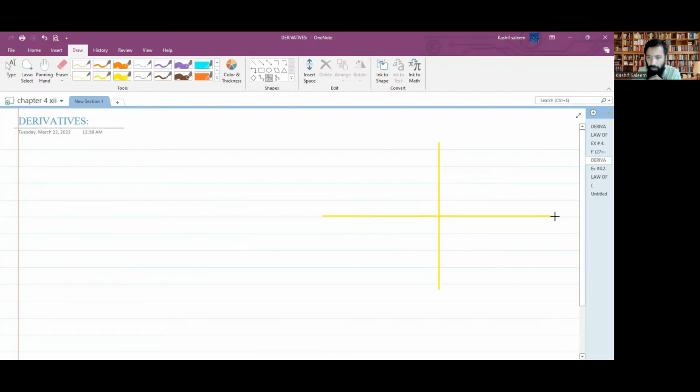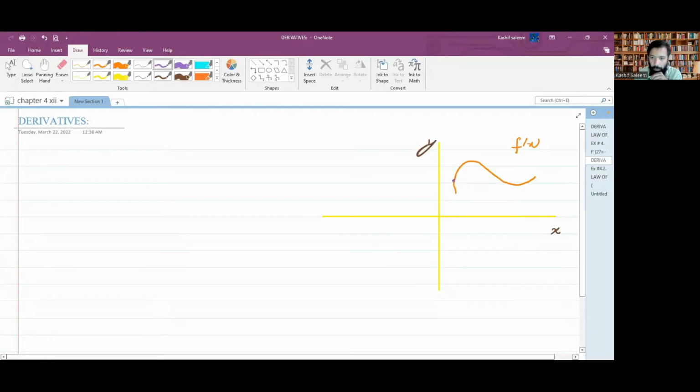First, we will consider the graph of any function. Let's suppose this is our x-axis and this is our y-axis. Now we draw a curve of f of x. So this is a function f of x. Now let us take two points.